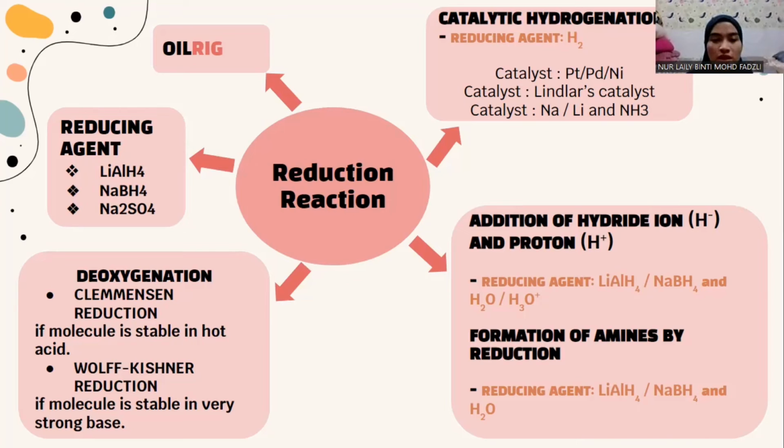The last one is deoxygenation, where we use two methods: Clemmensen reduction, when the molecule is stable in hot acid such as hydrochloric acid, HCl, and the Wolff-Kishner reduction, when the molecule is stable in very hot base such as potassium hydroxide or potassium t-butoxide.